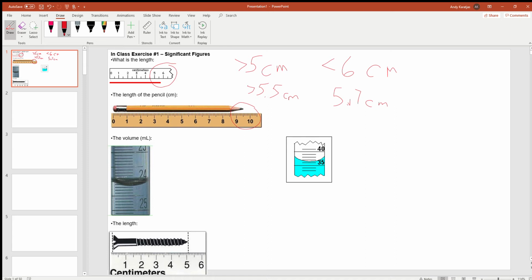So this pencil looks like it's almost exactly at 9.5 centimeters, but again, because of the accuracy we can show, we would add in a 0 to show that we are estimating the 100th place. And as always, we have to make sure we put a unit in. Any number that we ever put in that has no unit doesn't really have any meaning.